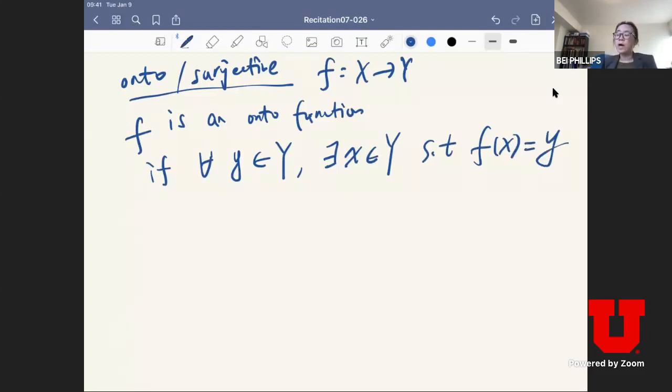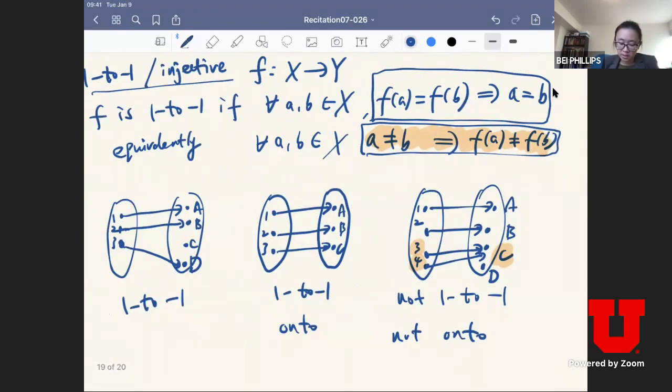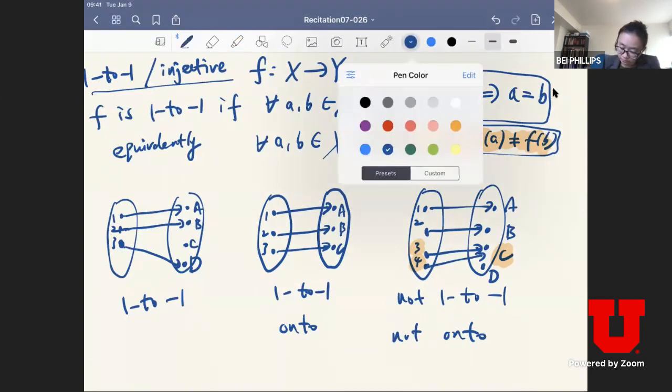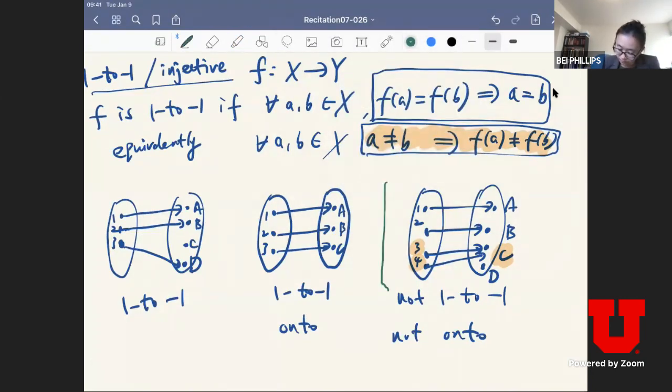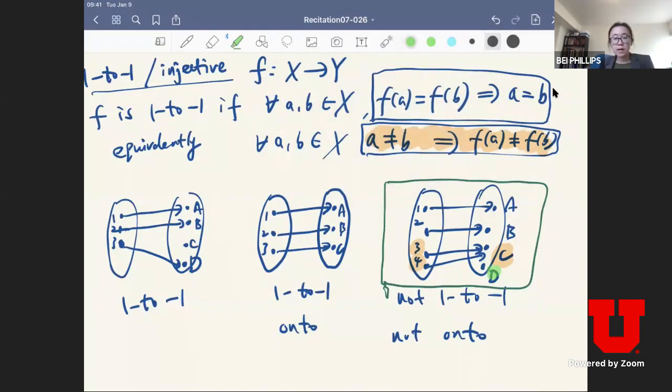So that means for all elements in the codomain, there's always something in the domain that maps to it. As I mentioned before, in the example I just drew, assuming the domain is 1, 2, 3, 4 and the codomain is A, B, C, D, because the element D has nothing mapped to it, this function is not an onto function.